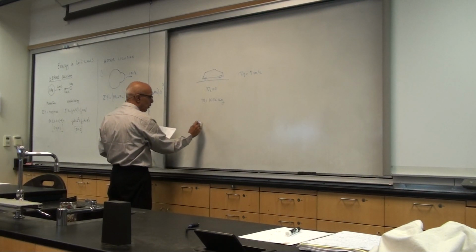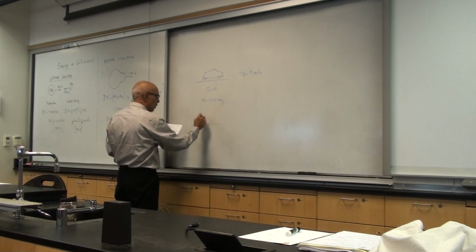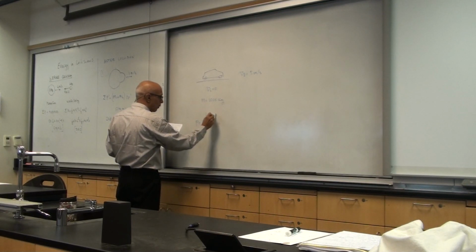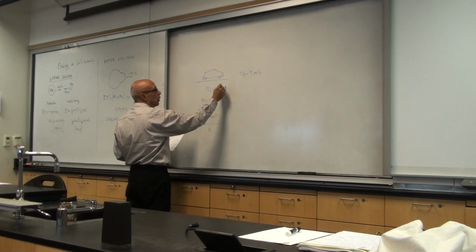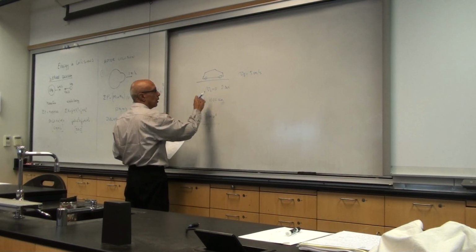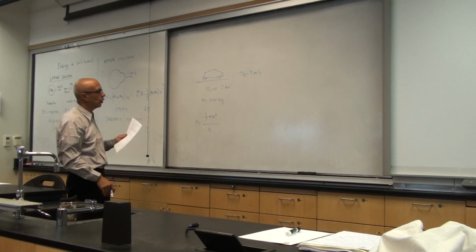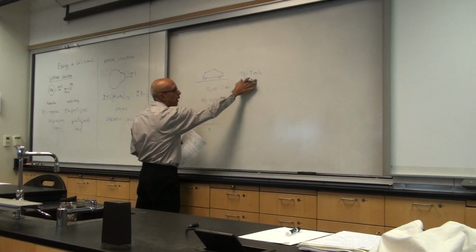So power is going to be the work done, that is the kinetic energy, divided by the time. And this was like 2 seconds. A force was applied here for 2 seconds and gained some kinetic energy.